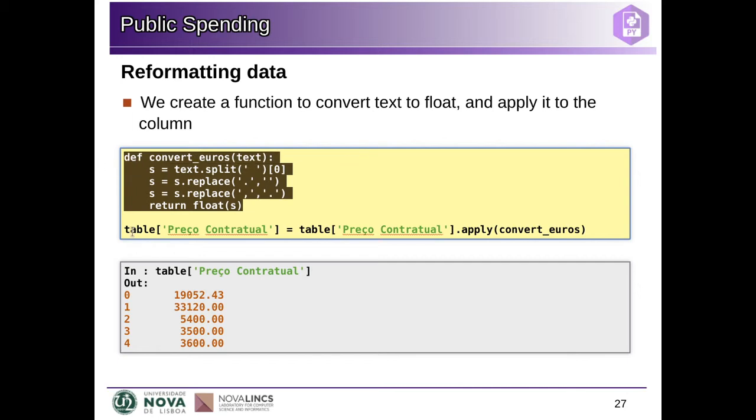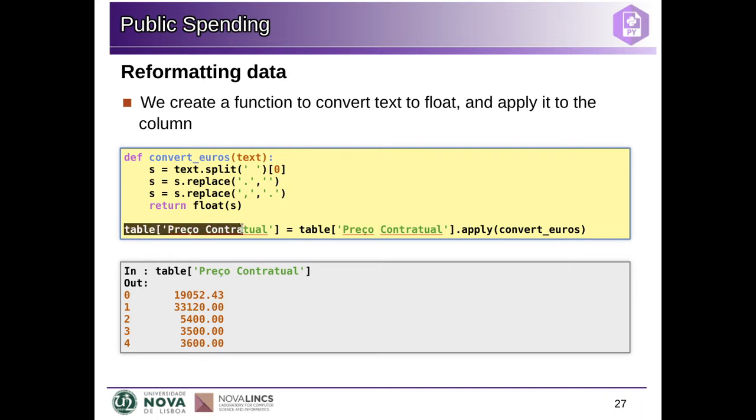And what we do is we say that we want to store in this column of our table with the price the result of taking the column and applying this function to all its cells. So we use the apply method of the series in this case, and what pandas will do is, for each cell in this series, for each value here, feed it into our function and replace it with the result of our function.